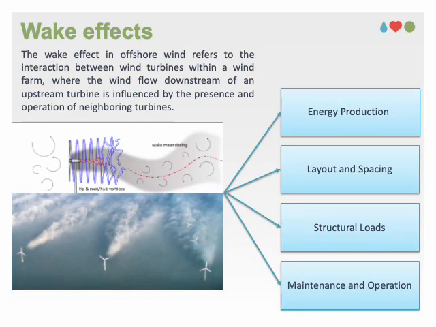Let's talk briefly about wake effects on wind farms. Wakes can significantly affect the annual energy production of the turbines because in the downwind area of a wind park, we have a decrease in the wind speed.